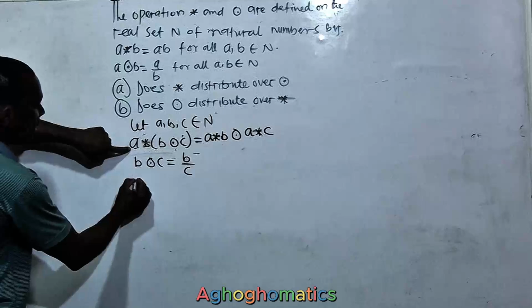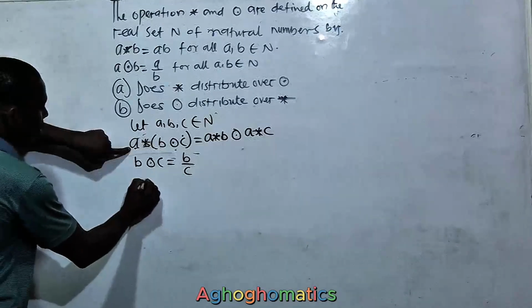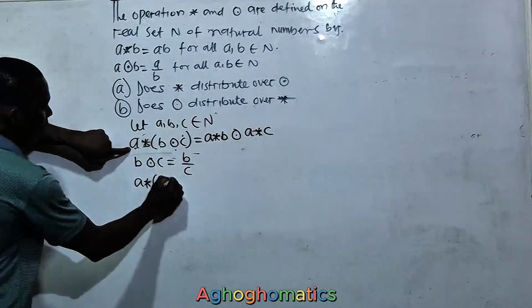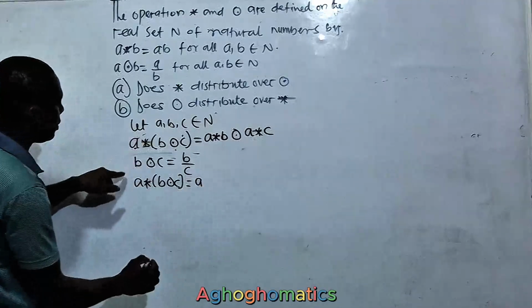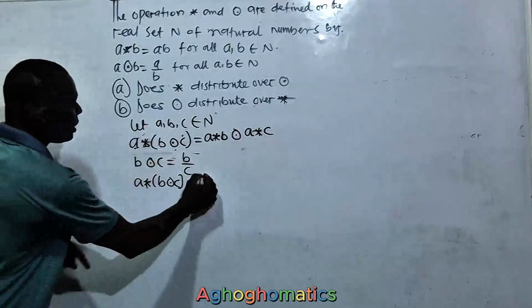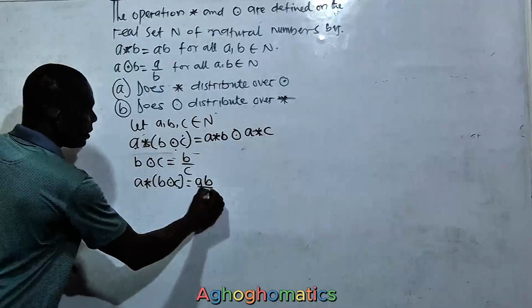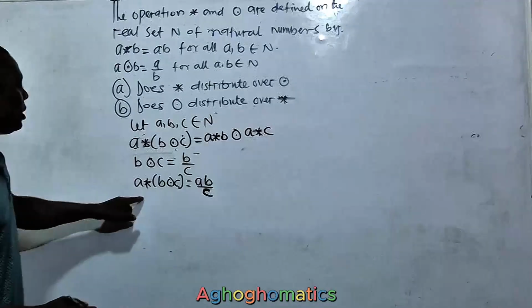So we are saying that A operating upon B over C is the same thing as A times B, which is AB over C. That is the meaning of this.